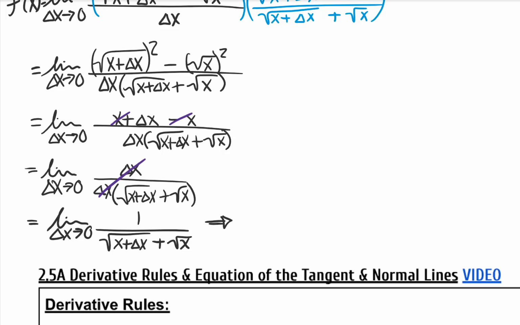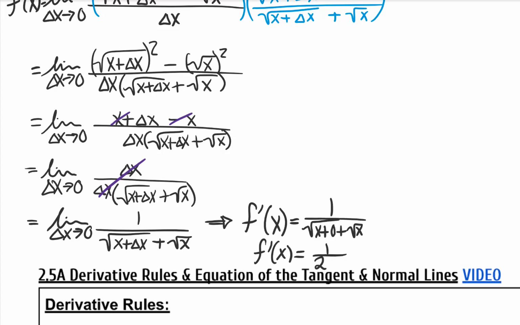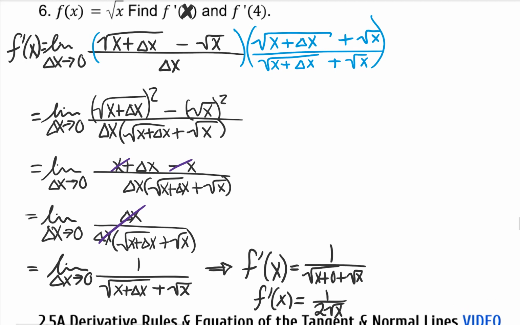And at this point, we can direct substitute, which is 1 over 2 root x. And if we're finding f prime of 4 as well, we don't need to use the alternate form of the limit definition of a derivative because we actually have the derivative right here, and we can just plug it in. So f prime of 4 would be 1/4.